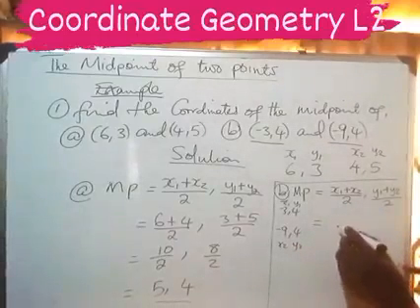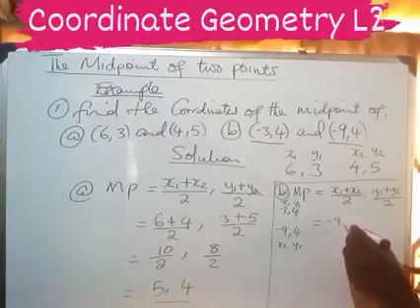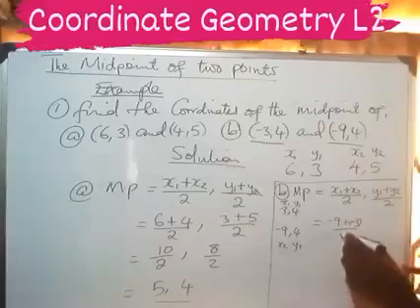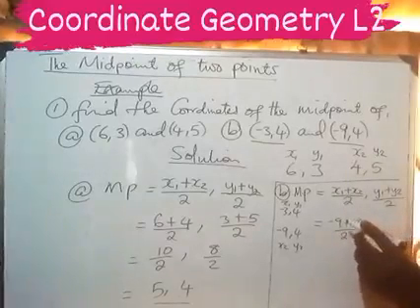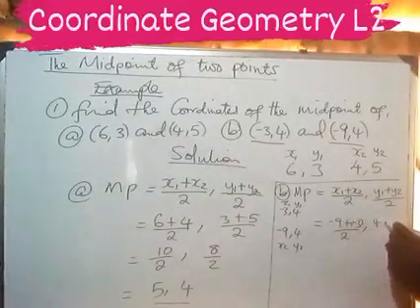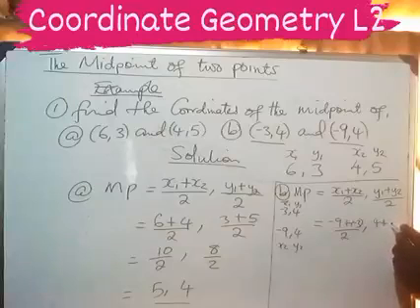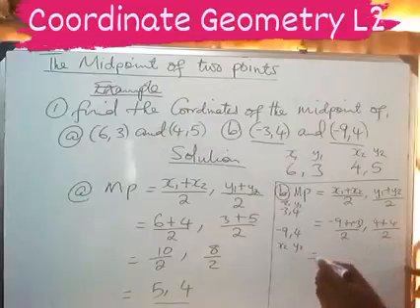So we're going to have negative 9 plus negative 3 over 2, comma, our y1 is 4 plus 4 over 2.